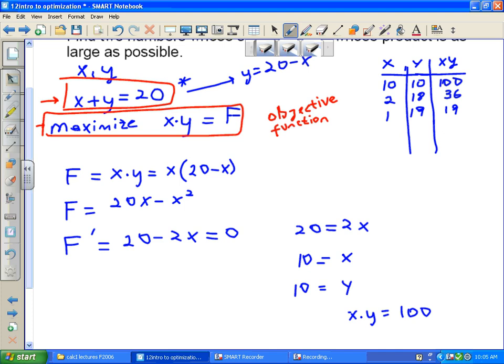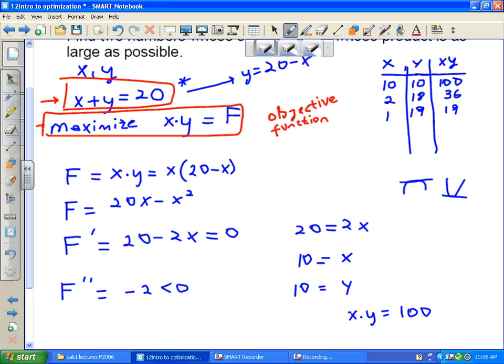How can we be assured that the point we found is indeed a maximum and not a minimum? Because both a maximum and a minimum have a derivative of 0 at a local max or min, right? So let's do step number 4, the checking step. Take the second derivative of the function, and what do we get? Negative 2, right? Which is a number less than 0 everywhere, no matter what x is, right?